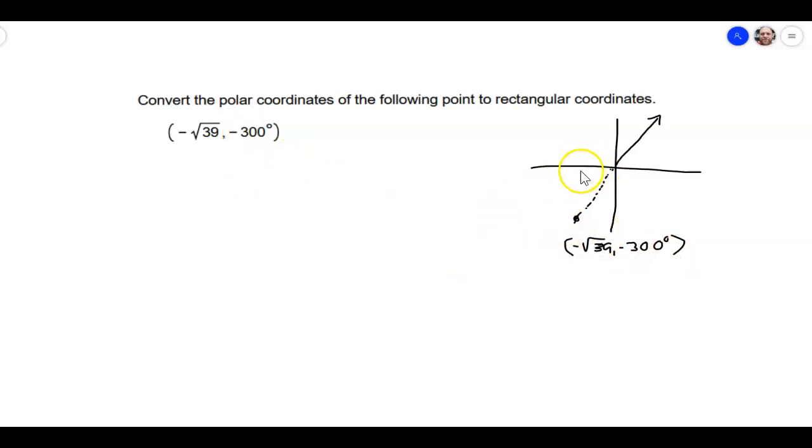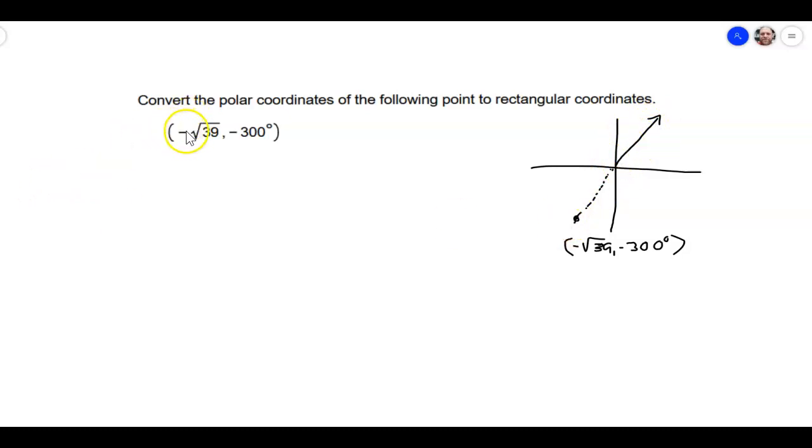So we should have some negative x value and some negative y value because it's going to be here in the third quadrant. This is just to give us an idea of where it's going to be. And we have to remember that a negative radius here means that it does not go in the direction of the angle, it goes in the opposite direction of the angle.